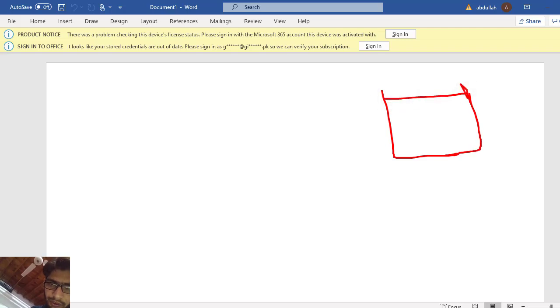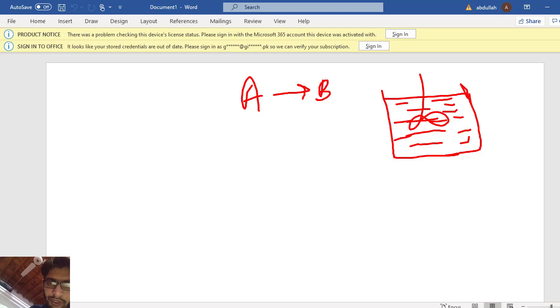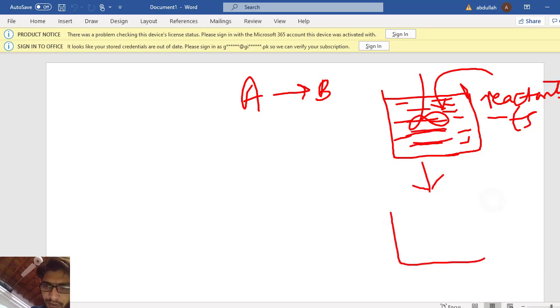In a batch reactor, we put the reactant in the reactor and stir it. Suppose A is converted into B. We put these reactants in the reactor, and after some time the reaction takes place and the products are produced.